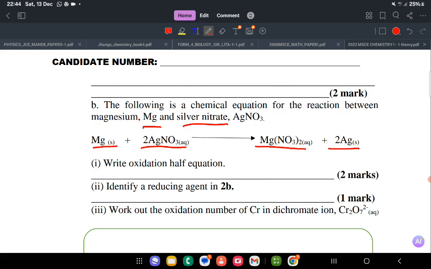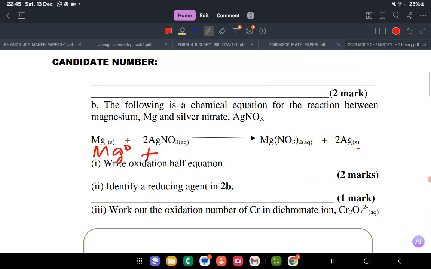All right, so write the oxidation half equation. In other words, we need to show the oxidation process. To begin with, you need to write this equation in ionic form. Magnesium is solid, so it's written as Mg0, reacting with silver nitrate.